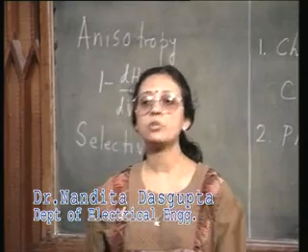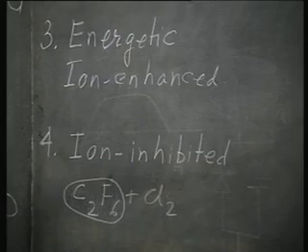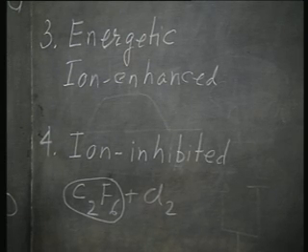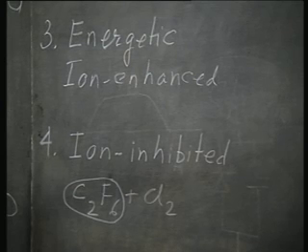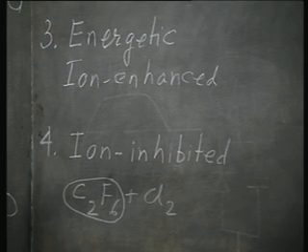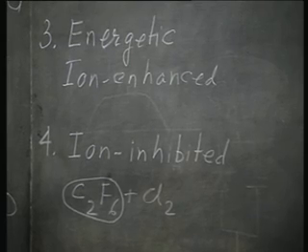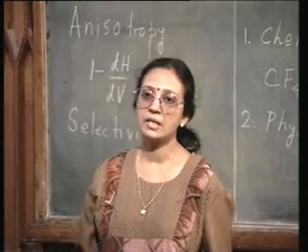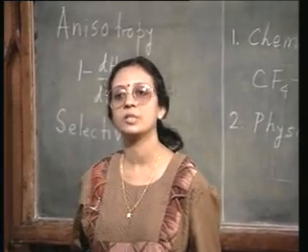And then in fourth, I have ion inhibited, which in a sense you could say is the mirror image of process number 3. Here, instead of enhancing the reactivity on certain surfaces, I protect certain surfaces by forming an inhibitor film over them. The inhibitor film cannot form on the surface which is exposed to ion bombardment, because the ion energy will be sufficient to remove the inhibitor film.